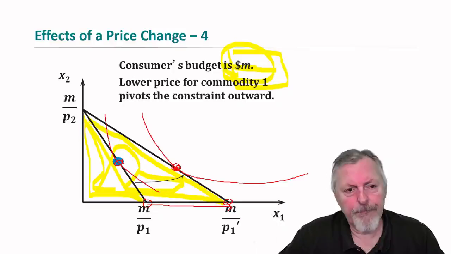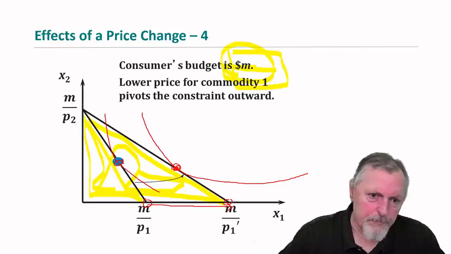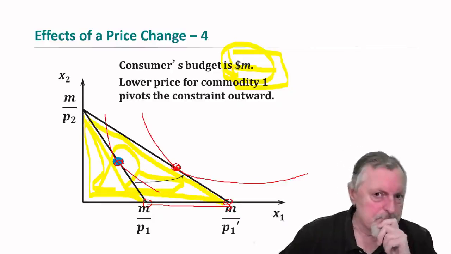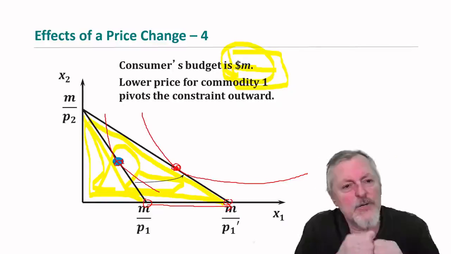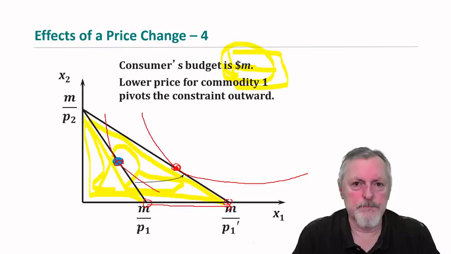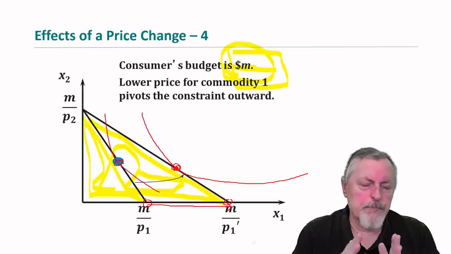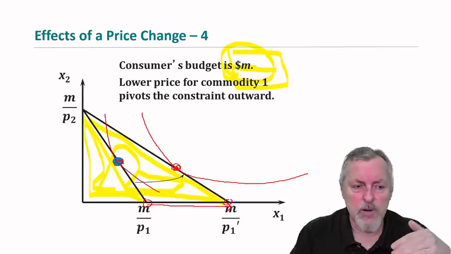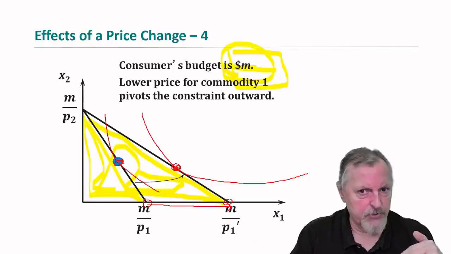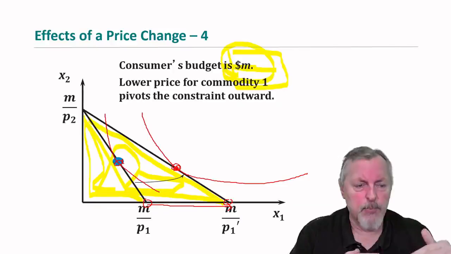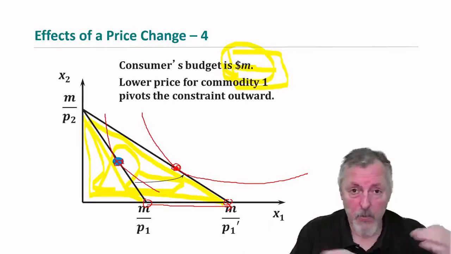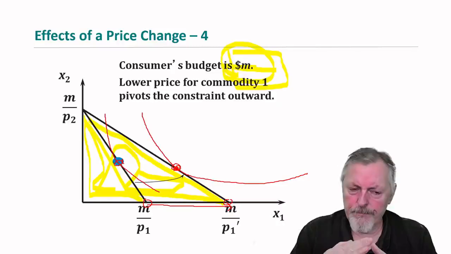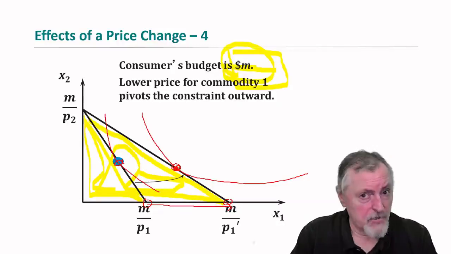Okay. But why did you re-optimize to that point? Because actually there are two things happening here. The slope of the budget line indicates the price ratio of these two things, the relative prices of X1, thing 1, and thing 2. That's the slope. Well, that has changed.